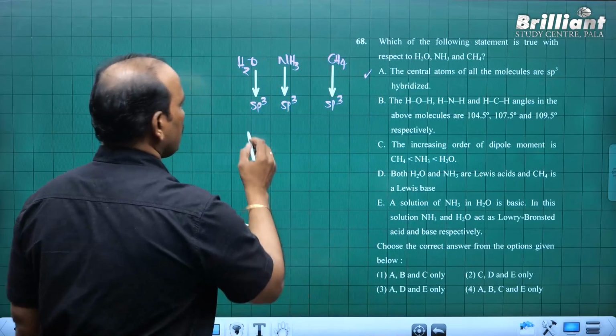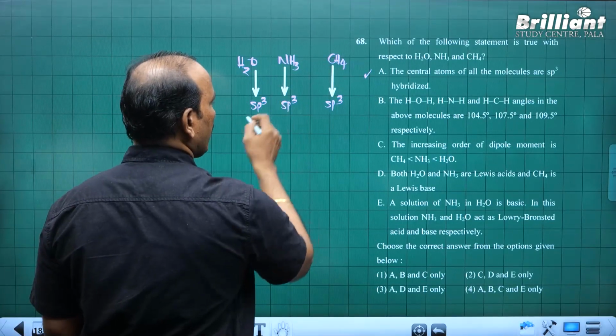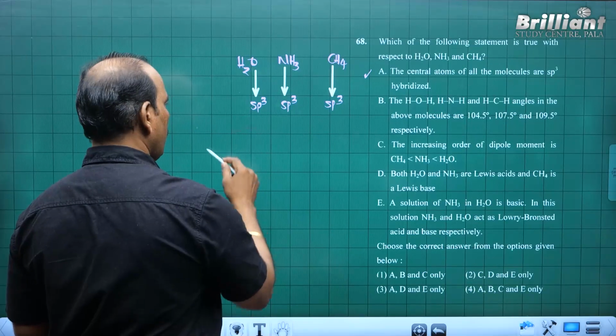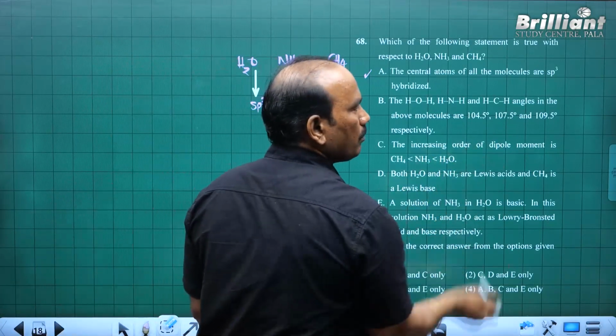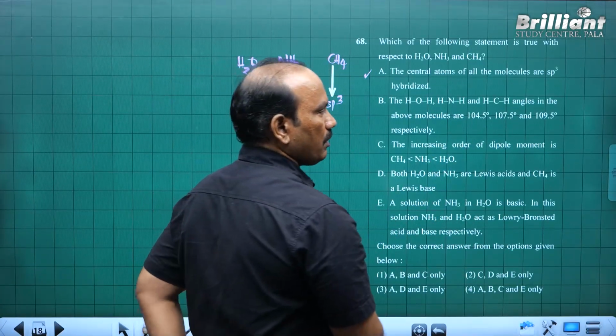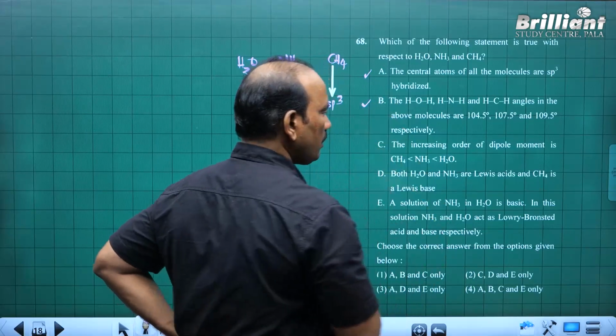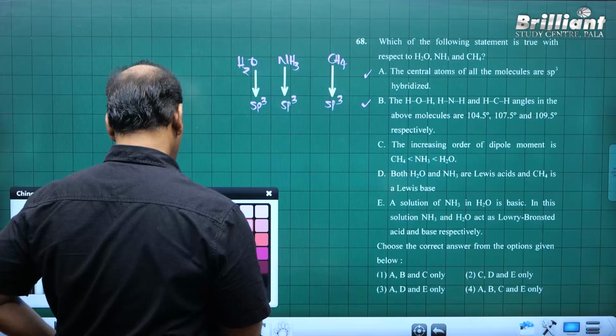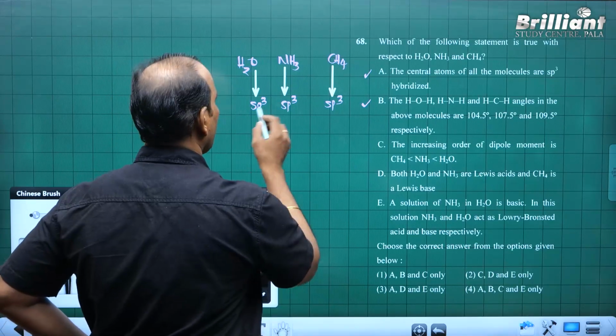Okay. Now, this is a correct statement. Then bond angles: due to lone pairs the bond angle decreases, so this is correct: 104.5, 107.5, then this is also correct. Next one is the dipole moment.